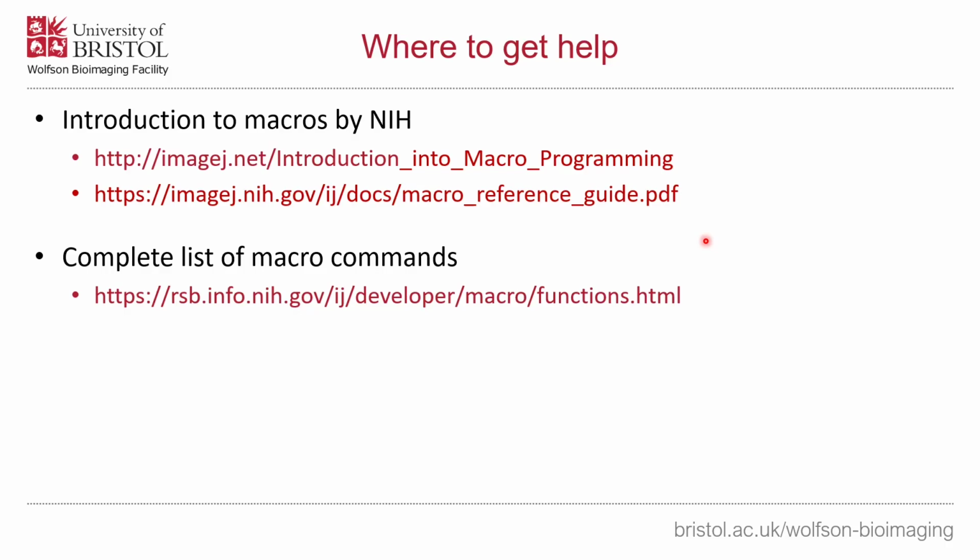There's both the imagej.net, the newer documentation, as well as the imagej.nih.gov website, where you'll find the original documentation that introduces macros and how to write them. In addition to this, the third link here gives you a complete list of all the baked-in macro functionality that ImageJ understands.